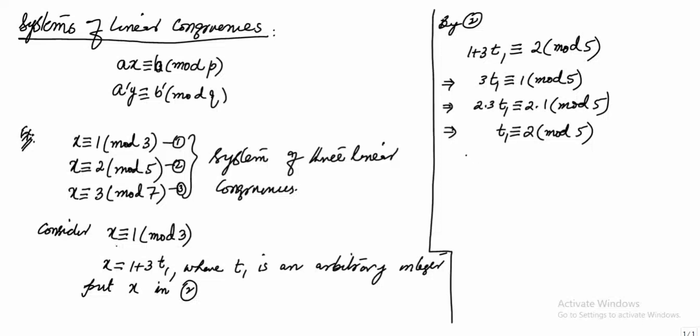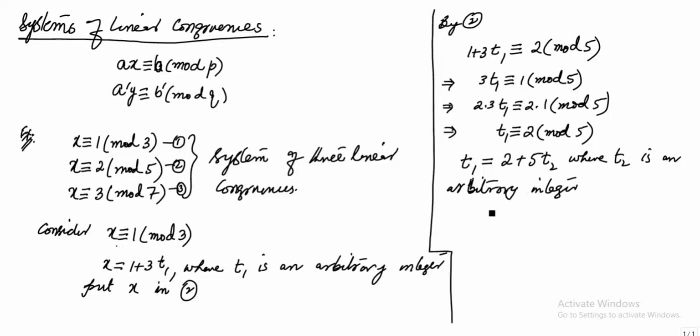So you can write t1 is equal to 2 plus 5t2, okay, where t2 is an arbitrary integer, just like the previous one, arbitrary integer.